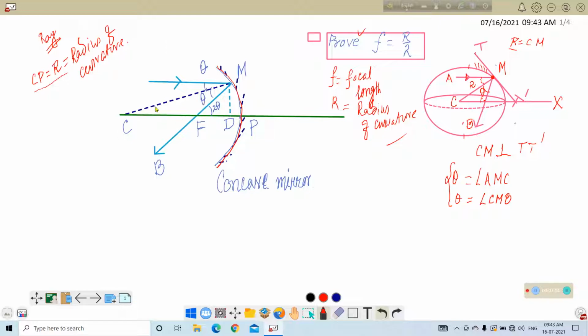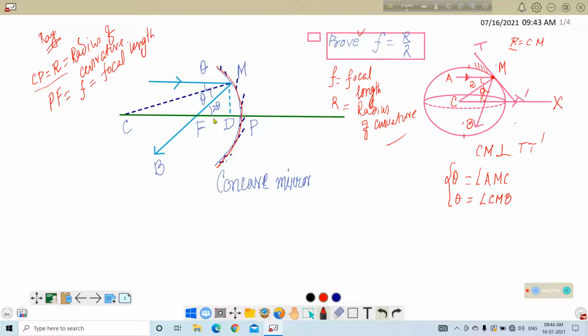And PF is equal to distance of the focal point from the pole. PF is equal to F is equal to focal length of this curved surface or concave mirror in this case.